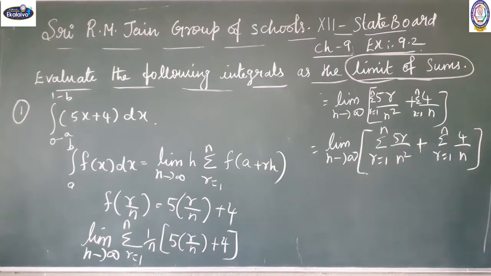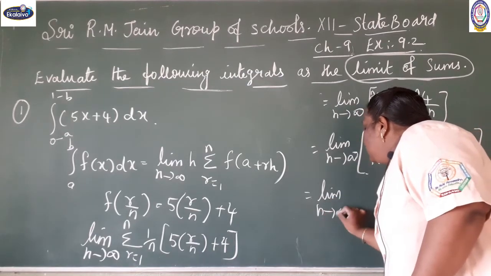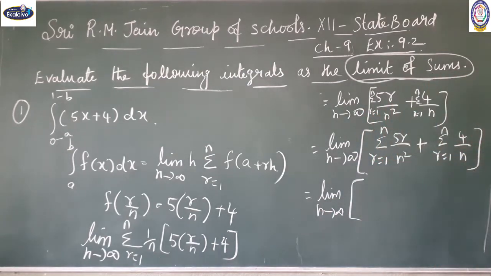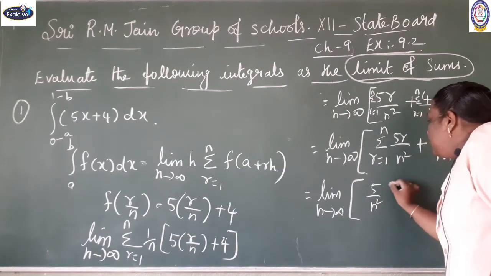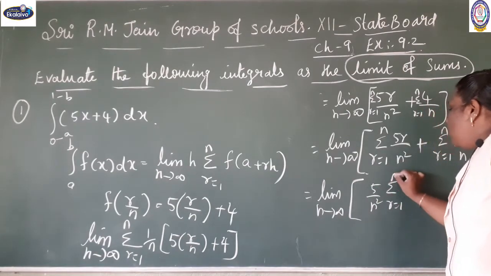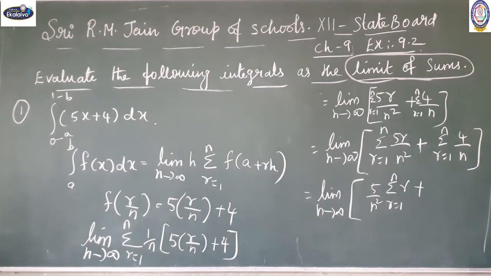So it gives limit n tends to infinity 5 by n square into sigma r equal to 1 to n r plus 4 by n, you can take it out, sigma r equal to 1 to n 1.